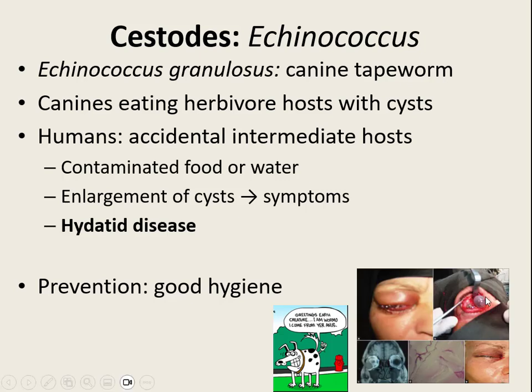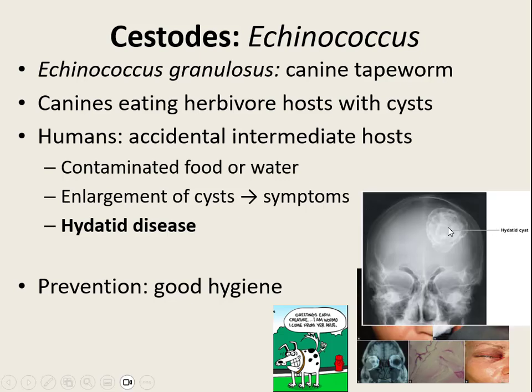So cysts can end up in eyes, they can end up in the brain, and again, there is a larva in there just waiting to get eaten. It's known as a hydatid disease. It's that you have these cysts with canine tapeworm larvae in them waiting for completion.